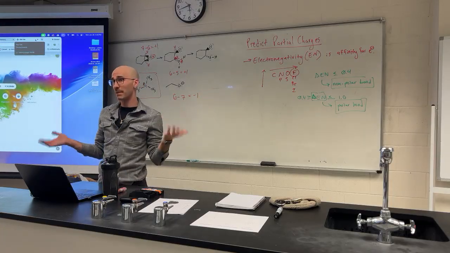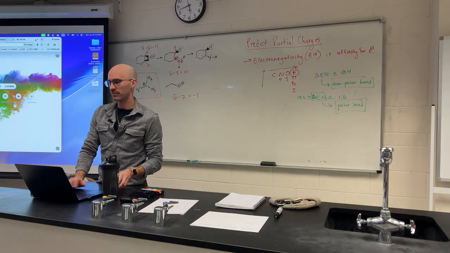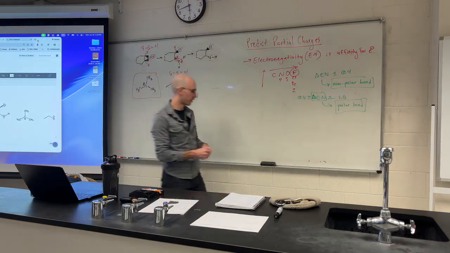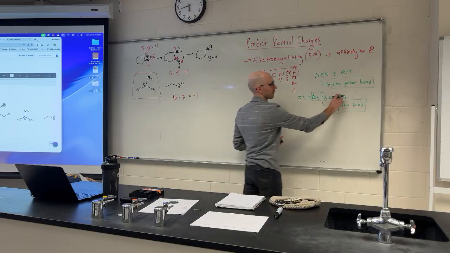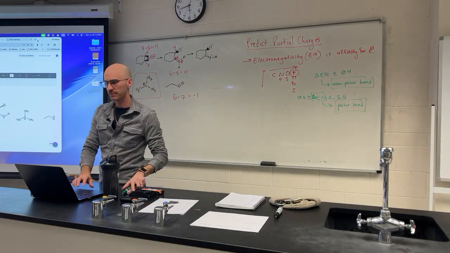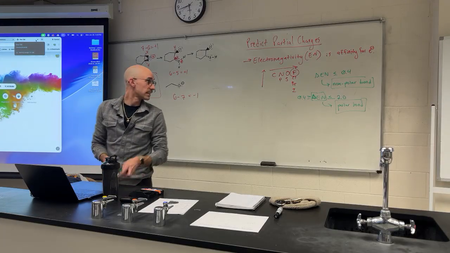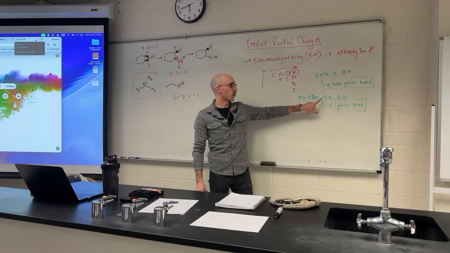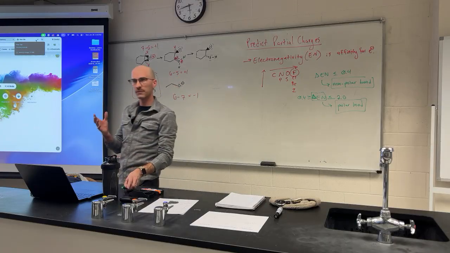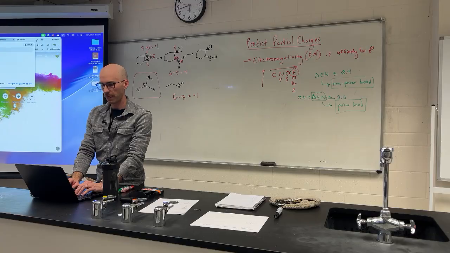That is a made-up benchmark. I think it's 2. I don't know why I thought it was 1. I believe it's a difference of 2. Electronegativity is greater than 0.4, right? Yeah, so if it's greater than 0.4 but less than 2, it lives in this realm of being called polar.